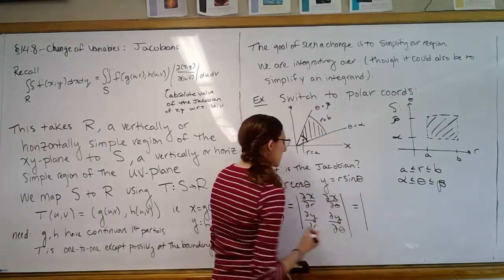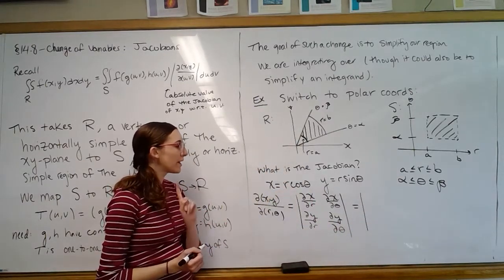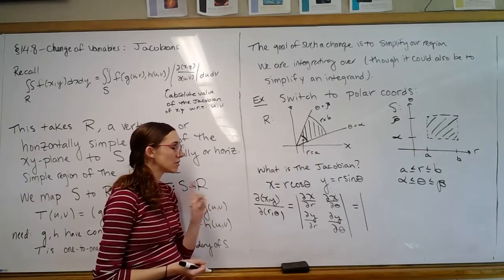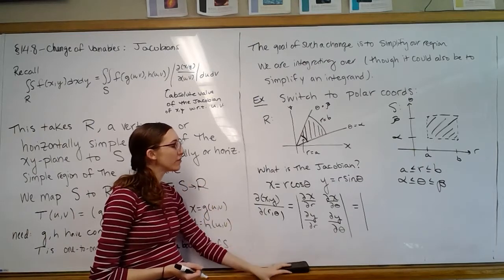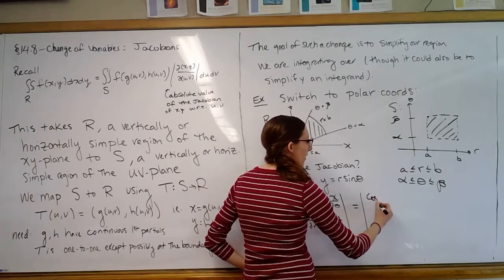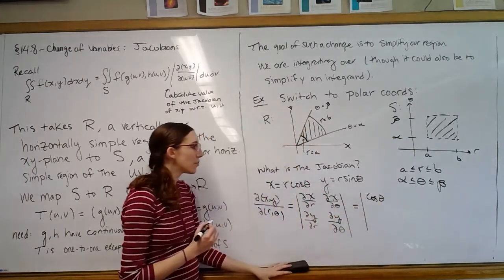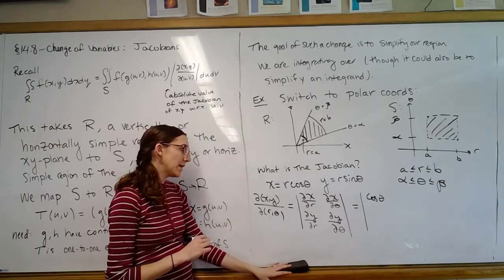So the partial of x with respect to r, r is the variable we take the derivative with respect to. The derivative of r times a constant would just stay the constant, so we'll get cosine theta. And then the partial of x with respect to theta, now we keep r as a constant.